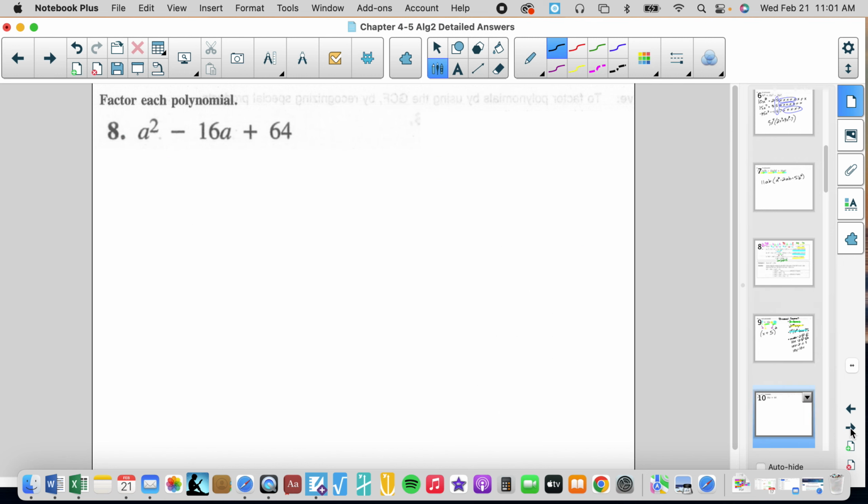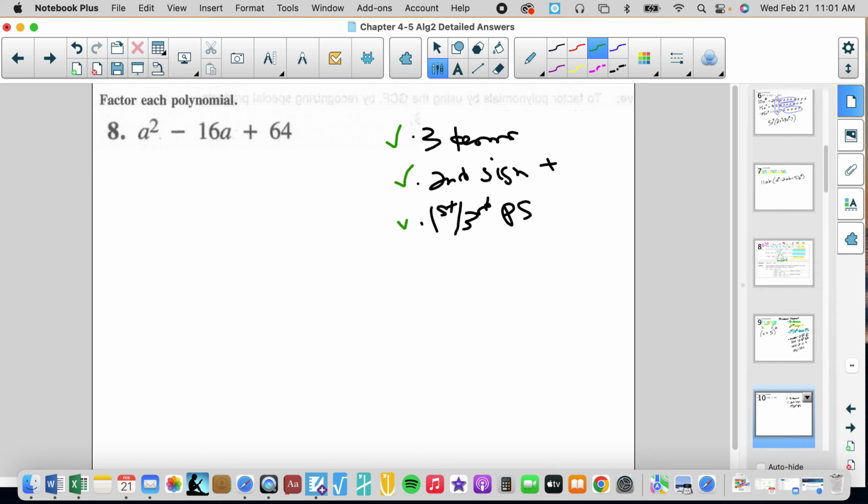So 3 terms. Yes, we got 3 terms. Second sign positive. Yep. Our first and third are perfect squares. Now, does the middle equal 2 times the square root of the first times the square root of the last?